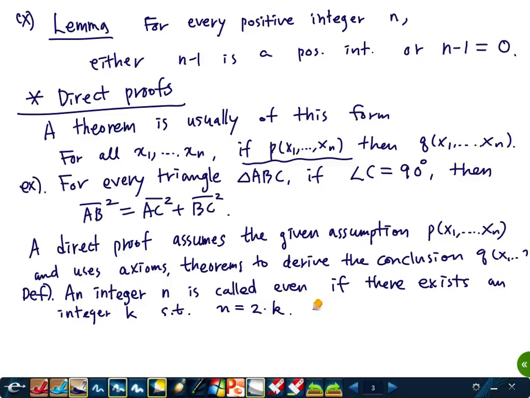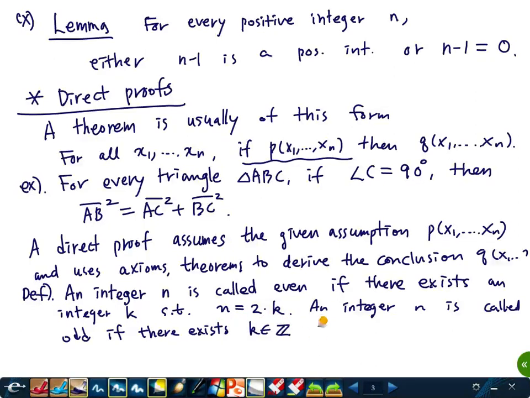Similarly, an integer n is called odd if there exists an integer k such that n equals 2k plus 1. This is the definition of an even integer and an odd integer.